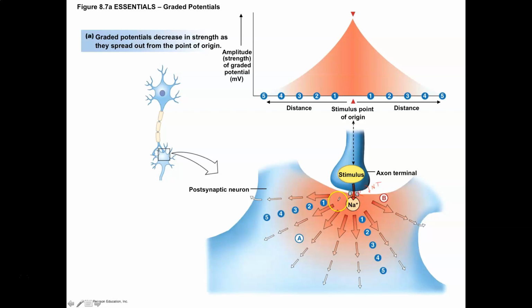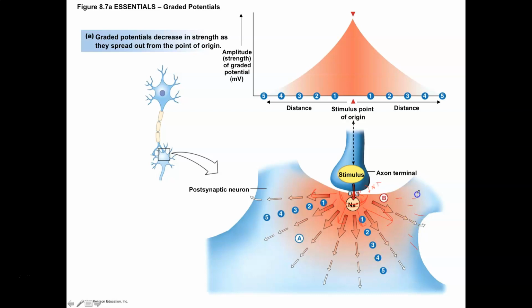So the sodium is going to enter at this initial location right here. But what it's going to do is it's going to spread throughout the dendrites and throughout the cell body, because it's going to move from positive areas, because the sodium that comes in is positive, to areas of the cell that are still more negative.